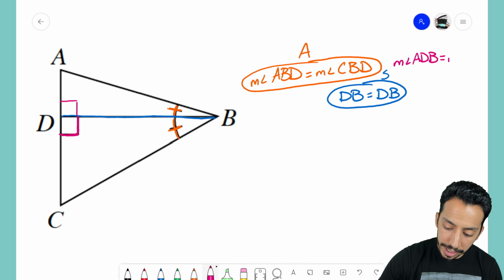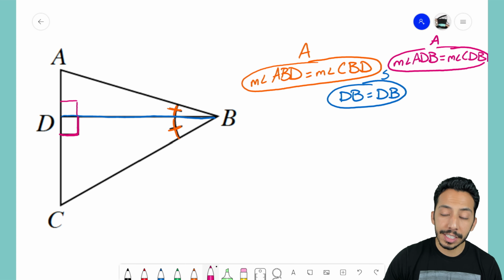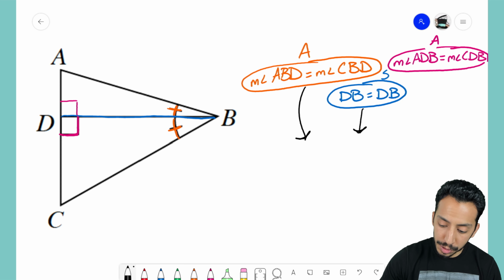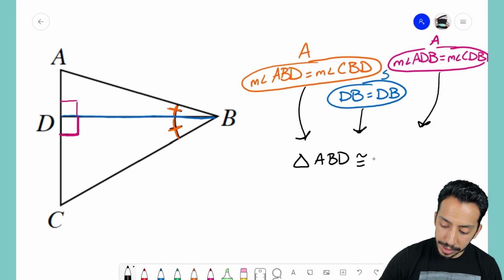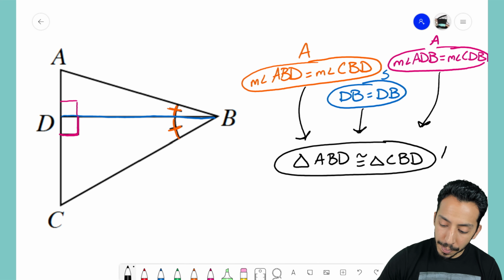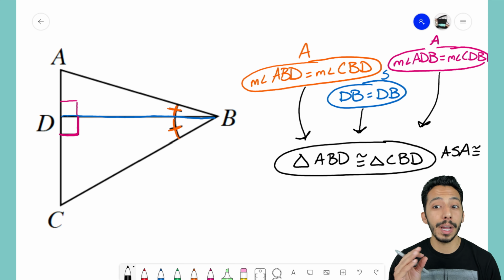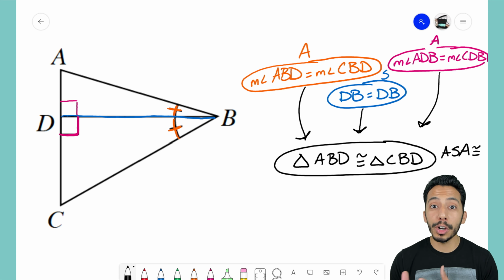Those two angles are equal, and that is going to be enough for us to show that these triangles are congruent. We can conclude now. I'll write my conclusion on my flowchart. We can say with great certainty now that triangle ABD is congruent to triangle CBD. And we know that it's congruent because we used angle-side-angle congruency. That is a complete proof to show that those two triangles are congruent.